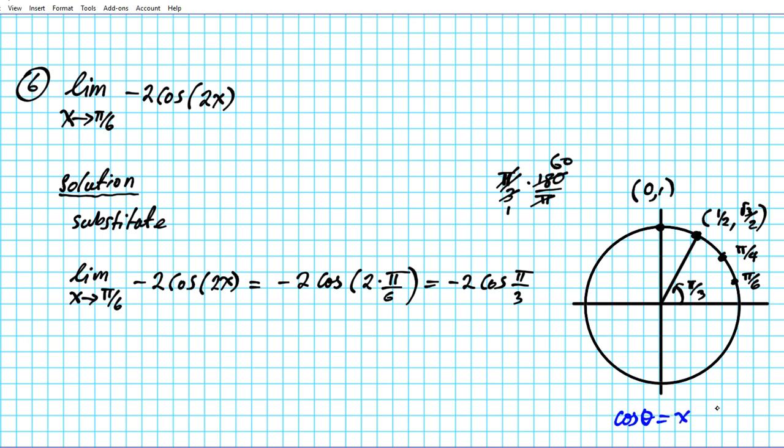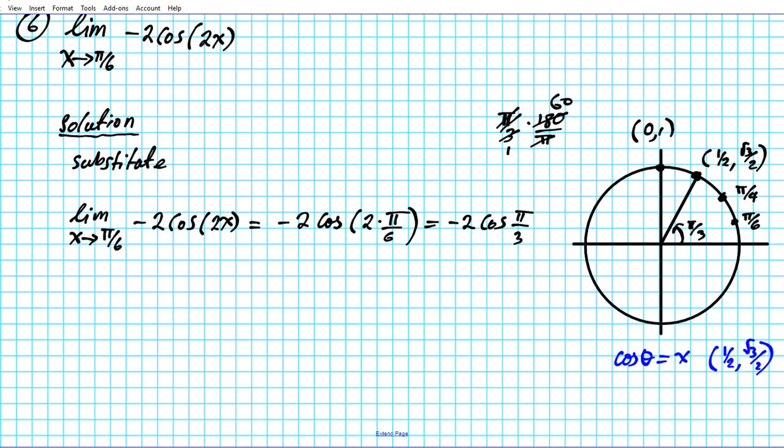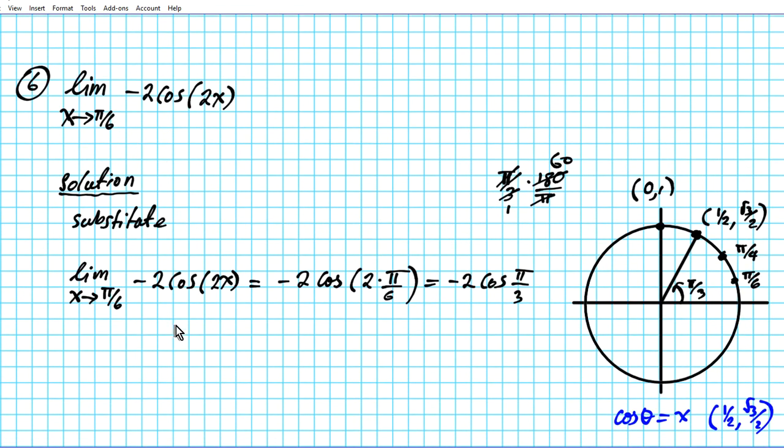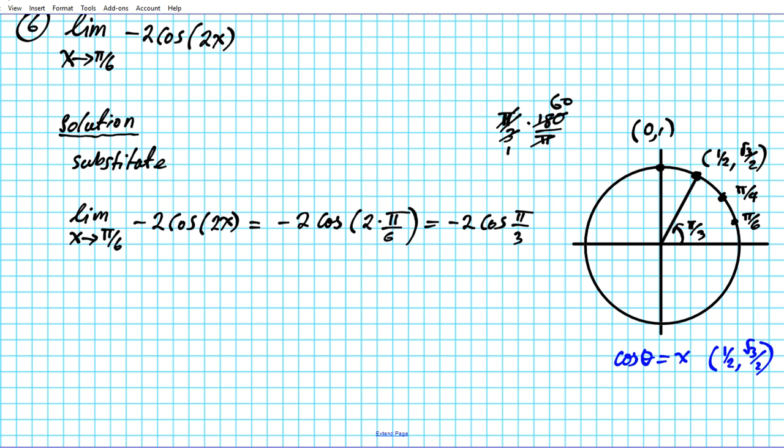So the point under consideration is 1/2, comma root 3 over 2. So do you see what cosine of pi over 3 is? It's basically the x coordinate here. So it's going to be 1/2. Okay, so cosine of pi over 3, or 60 degrees, is 1/2.